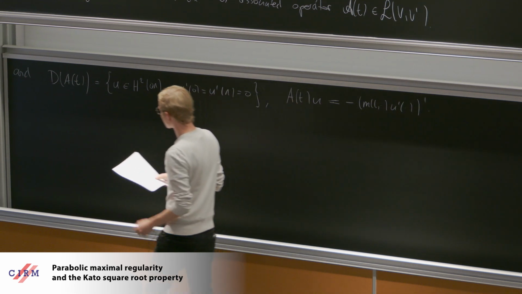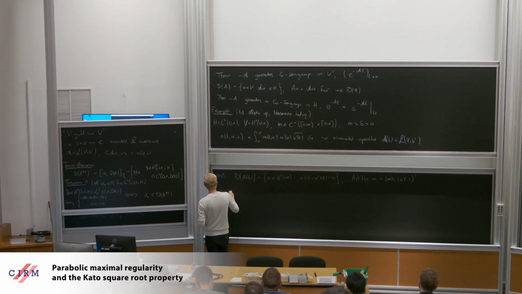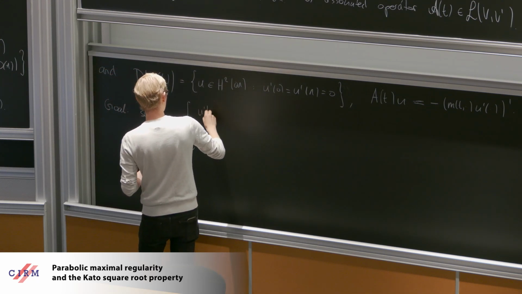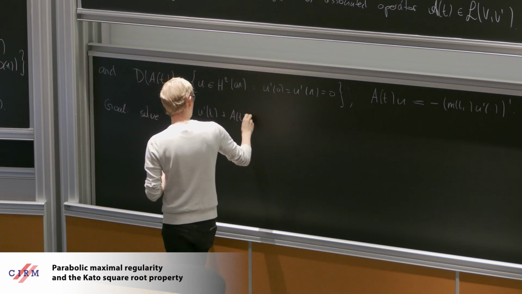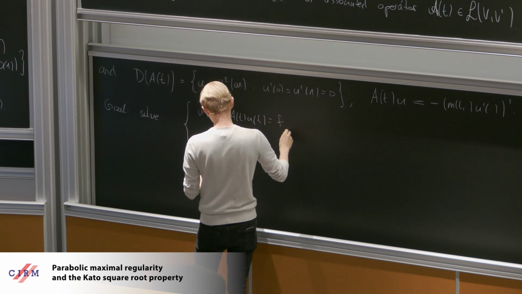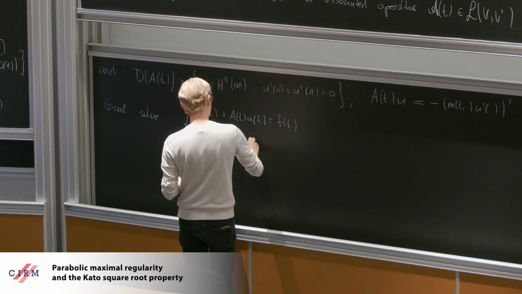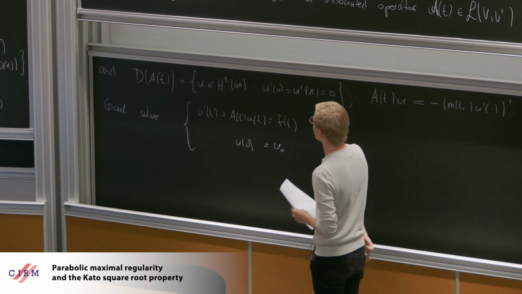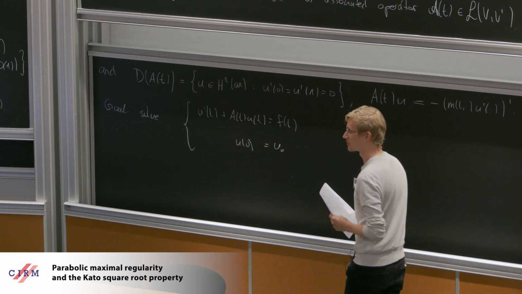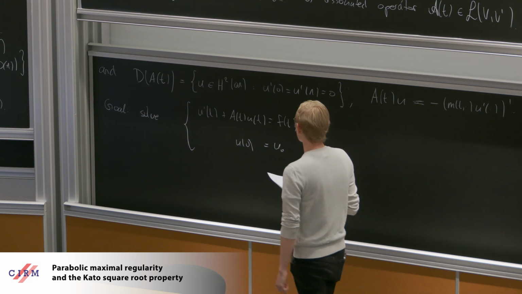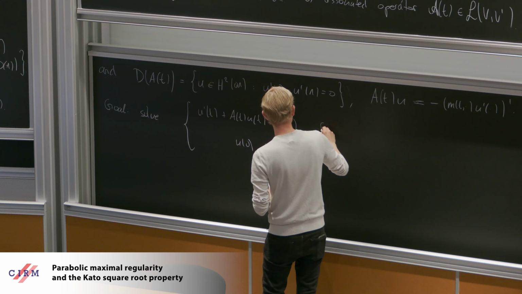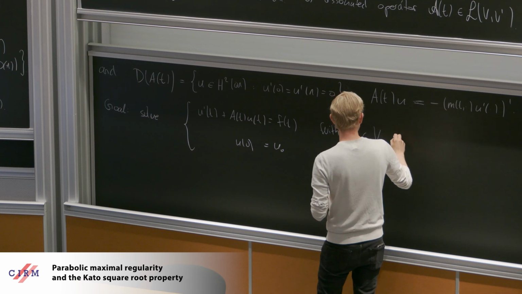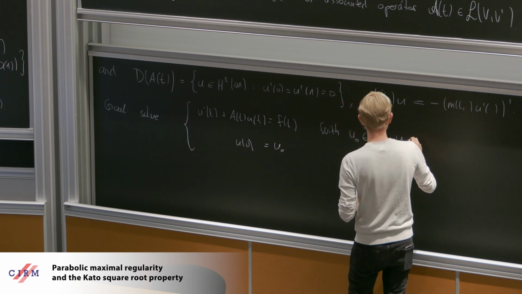Okay, and the goal is then to solve this problem: u prime of t plus A of t, u of t equals f, with an f that is in L2 of (0, 1) with values in H, so L2 in time and space, with u0 in V, and some solution u in the maximal regularity space.